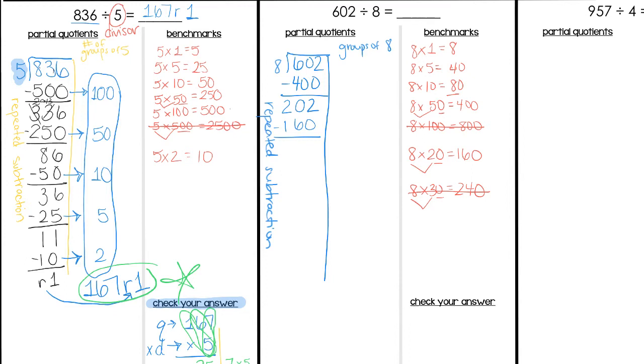2 minus 0 is 2. Now I could regroup here and put 10 more in the tens place, but instead I'm going to take my finger and cover up the ones place. So we're just going to be looking at the tens and the hundreds place.